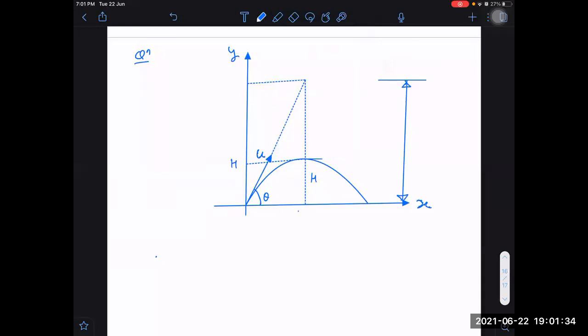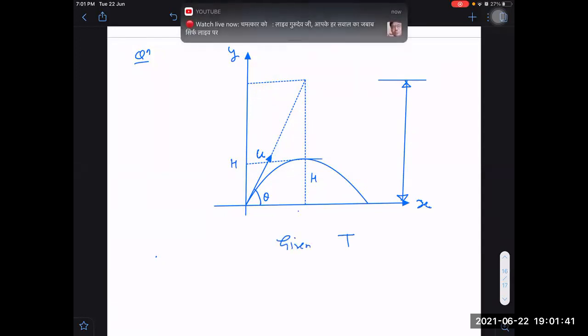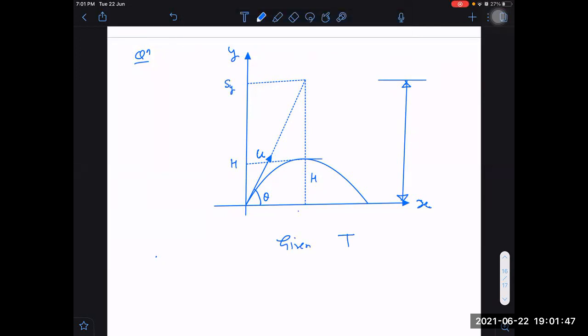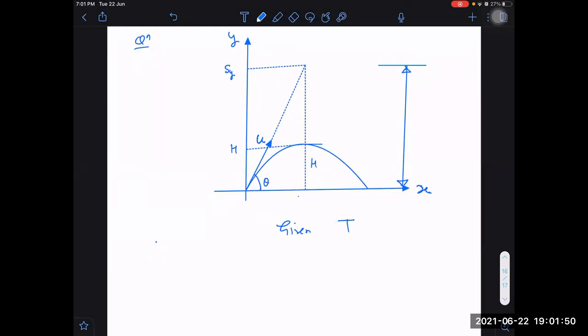Okay, do one thing. I will make the things easy for you. Assume time of flight is given to you. Now answer in terms of time of flight. Now things will be very easy. You have to just find out the displacement along the y-axis. See, wait a second.